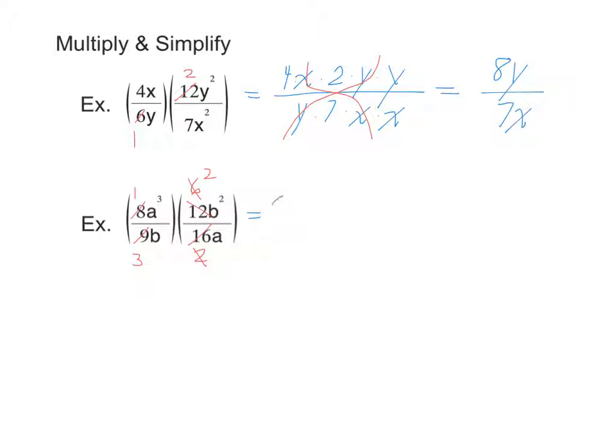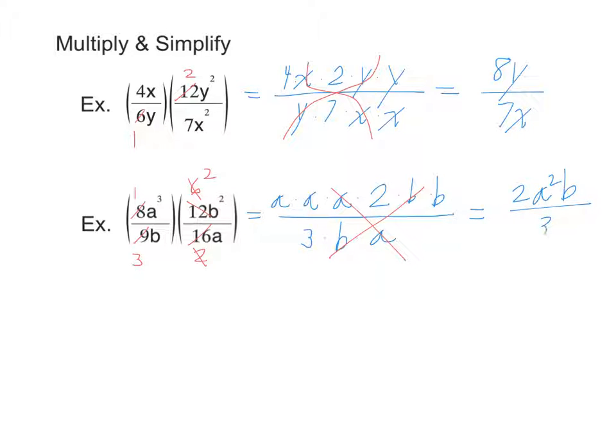Writing out the leftover parts, I have 3 a's, the number 2, and 2 b's. In the denominator, 3, a b, and an a. One of the a's cancels, one of the b's cancel. And I'm left with 2a squared b over 3.